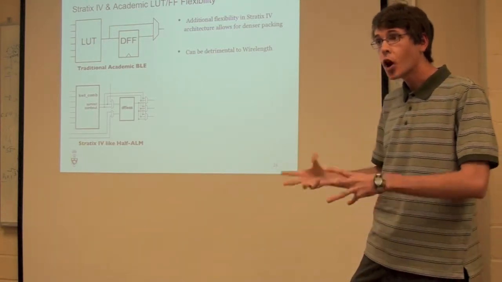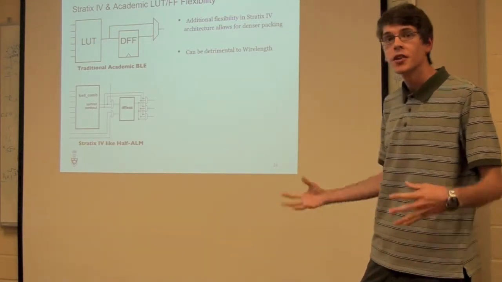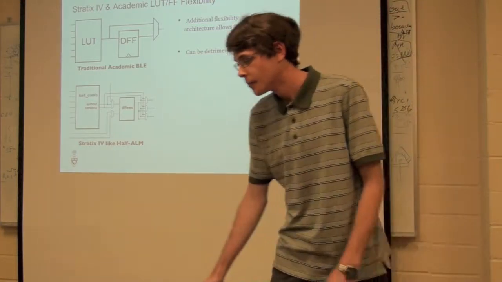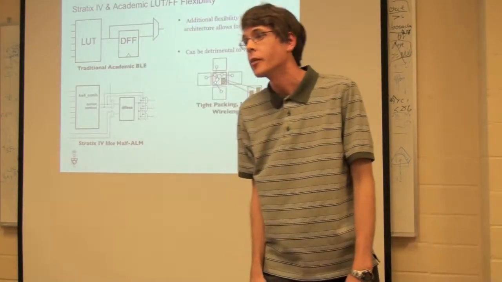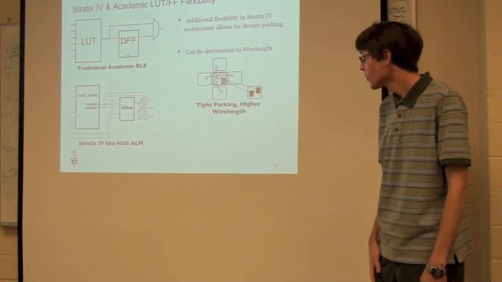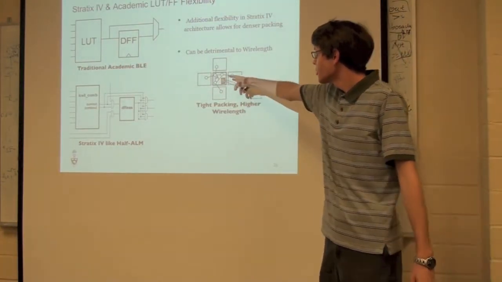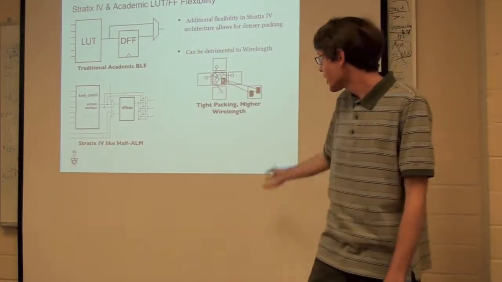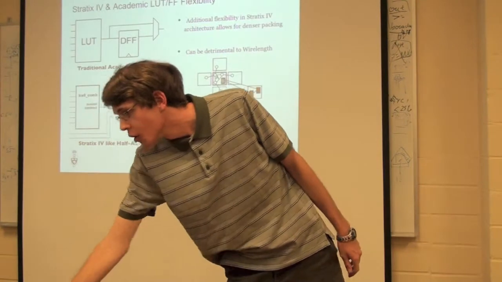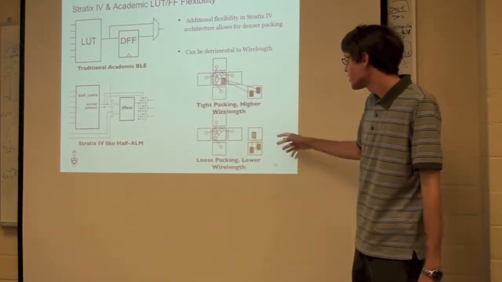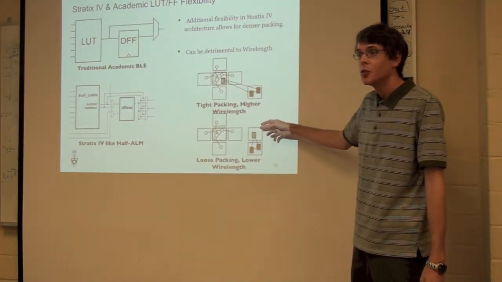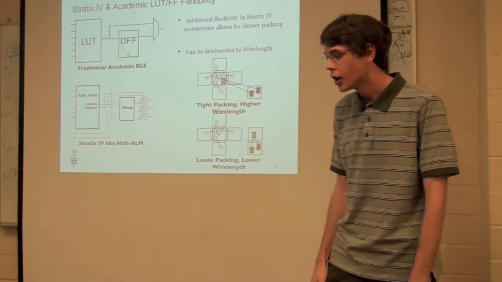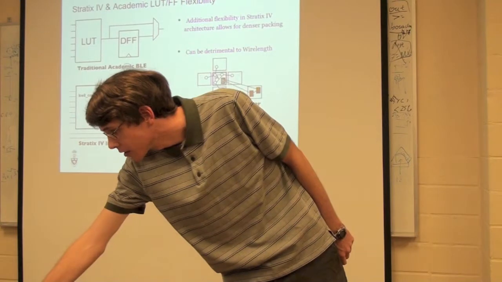This means that it's possible, if you're really focusing on reducing the number of clusters used, to pack unrelated logic together. And this is what we think is being detrimental to wire length. In this example, we have some unrelated logic being packed in an almost full cluster, and that's going to hurt our wire length. Whereas in contrast, if we had spent an extra cluster, we could have reduced our overall wire length. So this is what we suspect is the problem with packing density and wire length.